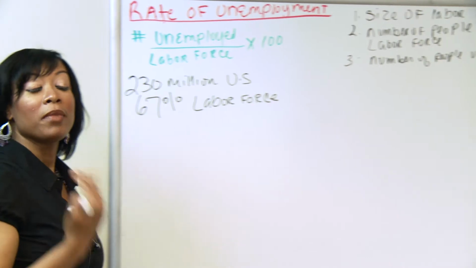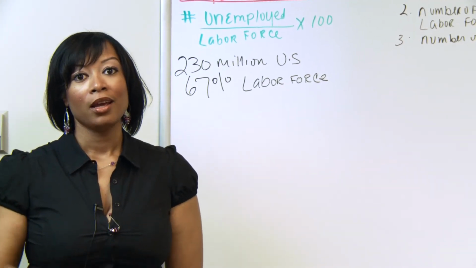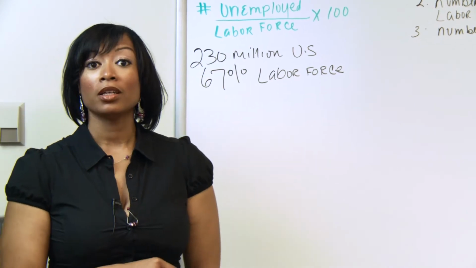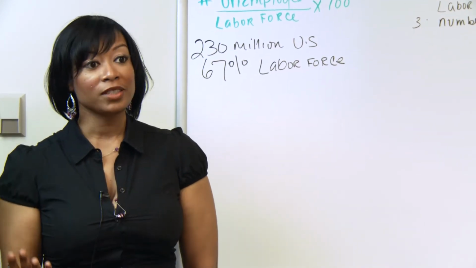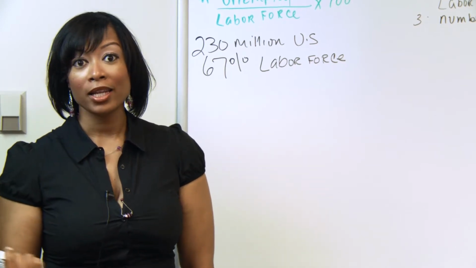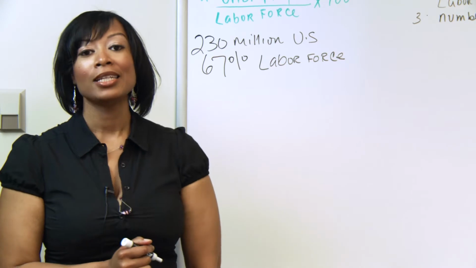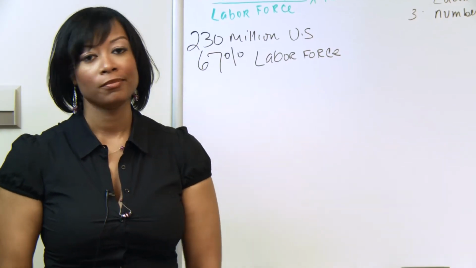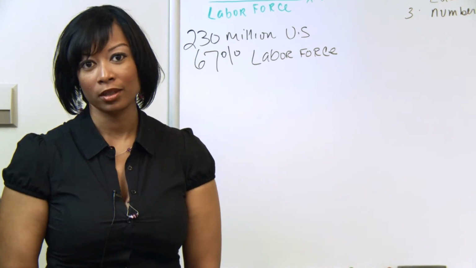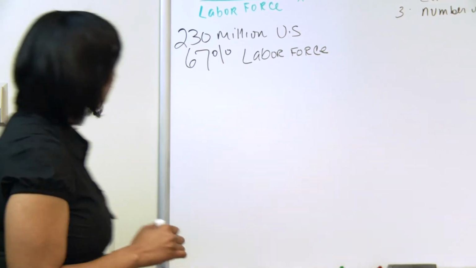And remember that in order to be in the labor force, you have to be either working or actively looking for work. It does not include people that are under the age of 16, incarcerated, military workers returning from the military, disabled people, or people sitting at home watching Judge Judy for whatever reason and doing nothing. So none of those people are included in the labor force, okay?